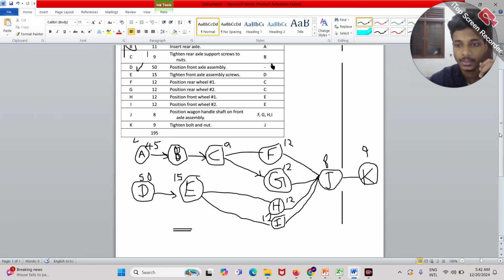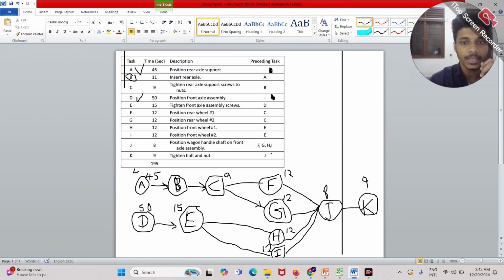What you have to do, guys, is firstly identify which are the tasks with no preceding task. There are A and D. Look at this, no preceding task, right? Therefore I'll draw like this, right?